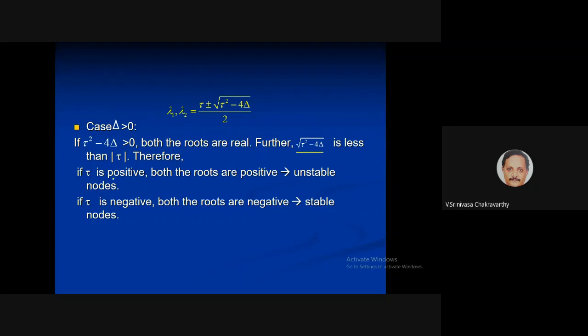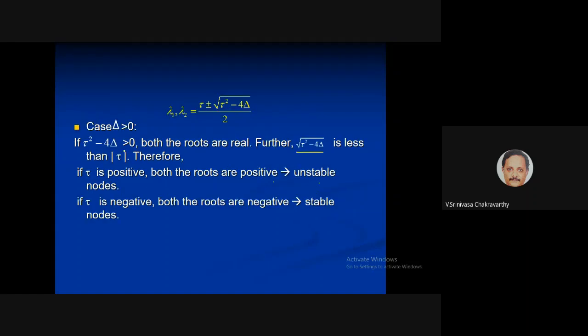Therefore, if tau is positive, tau plus this gives a positive quantity, and tau minus this is also positive, so both roots are positive. Similarly, if tau is negative, tau dominates this term, so both roots are negative. So if delta is positive, tau squared minus 4 delta is positive and tau is positive, the roots are positive and you have unstable nodes. If tau is negative, both roots are negative and you have stable nodes.